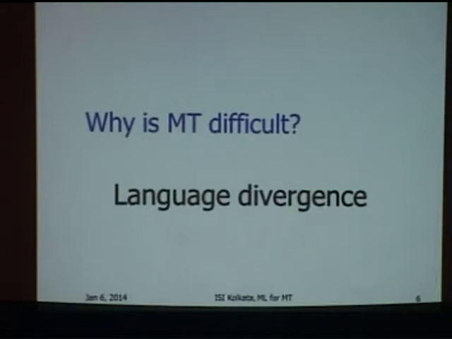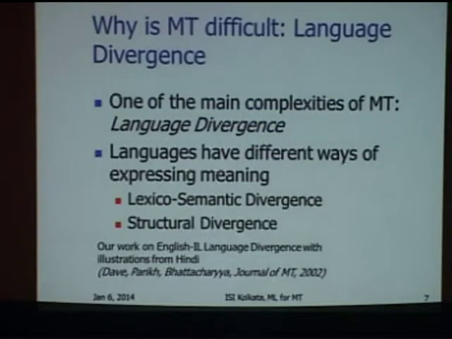Now we would like to understand why machine translation is a difficult proposition. What are the hidden difficulties? I have chosen only one of the many problems, namely language divergence. This is a well-known problem and can be described in the following way. Languages have different ways of expressing meaning.